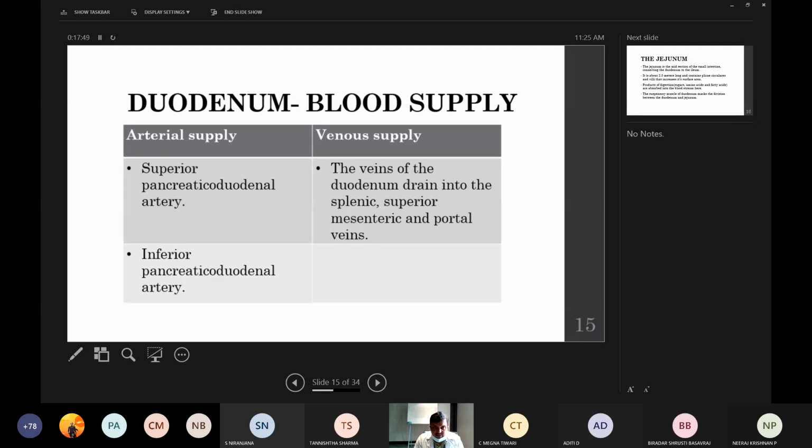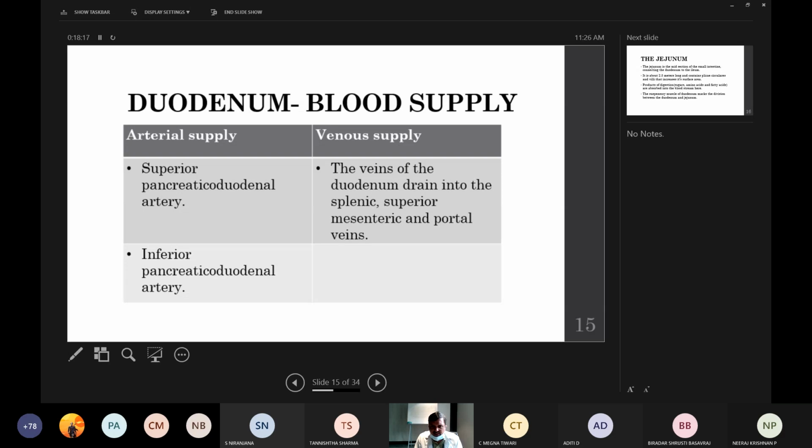This is a special artery which supplies only the first part of the duodenum, the anterosuperior and posterior part. It is again a branch of the gastroduodenal artery from the celiac. Then the fourth artery is the retroduodenal artery. Again, it is a branch from the superior mesenteric artery.